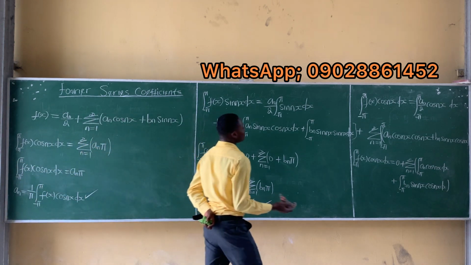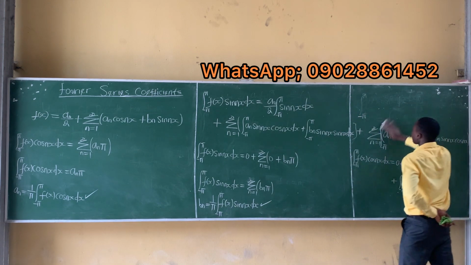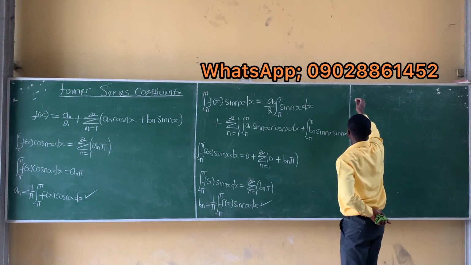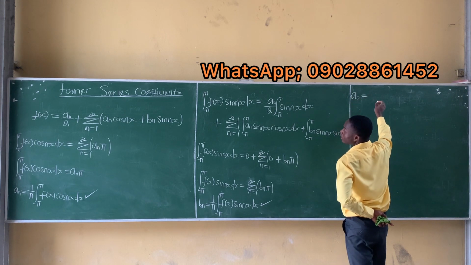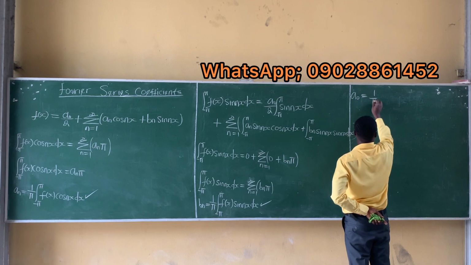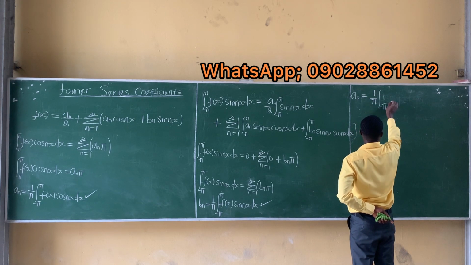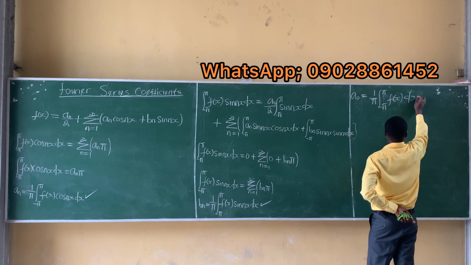So let's write out the three Fourier series coefficients. The first one we have there was a naught equal to 1 over pi, the integral from minus pi to pi of f of x dx.